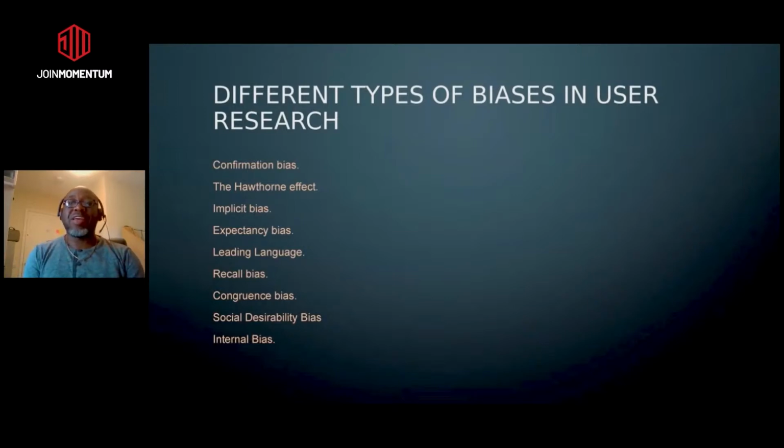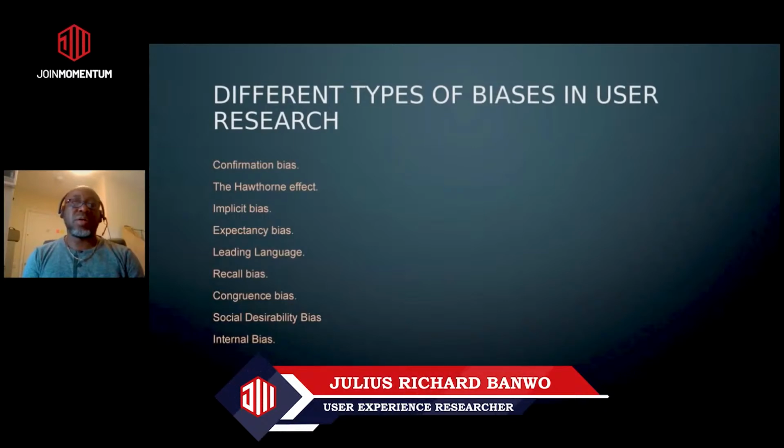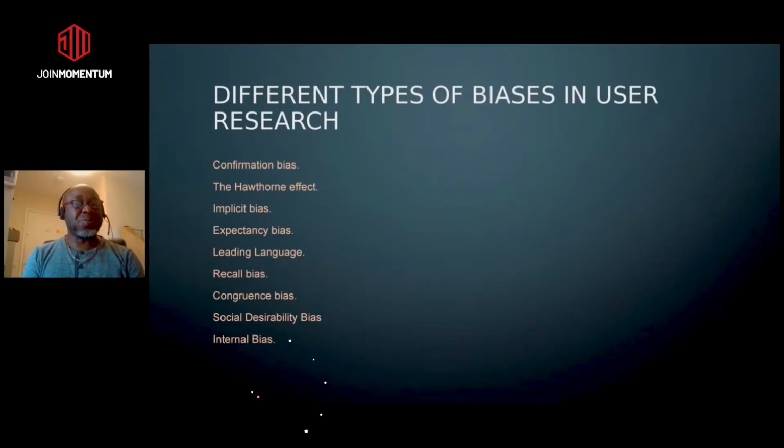However, there are some that they can even drop in the form of banter, in the form of a joke, and they are biases. Example, I'll give you one. Say someone says, look, the user will just have to learn how to use it. Indirectly, what are we saying here? That we're not going to build. What we're saying by this statement alone is that the user research insights and what you've gained from the research do not necessarily influence the design.